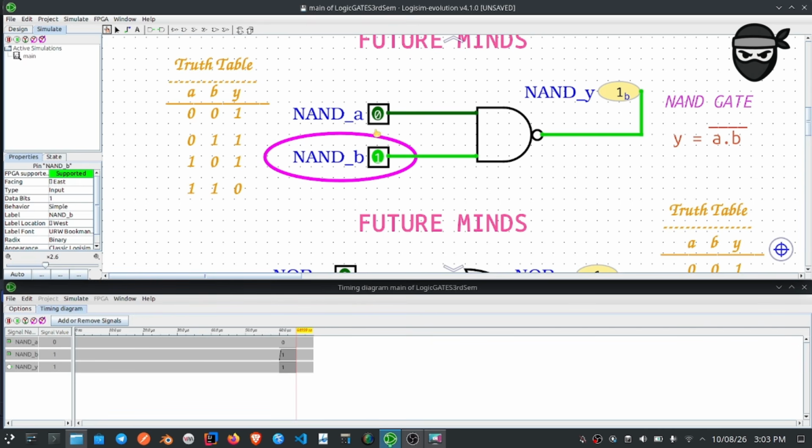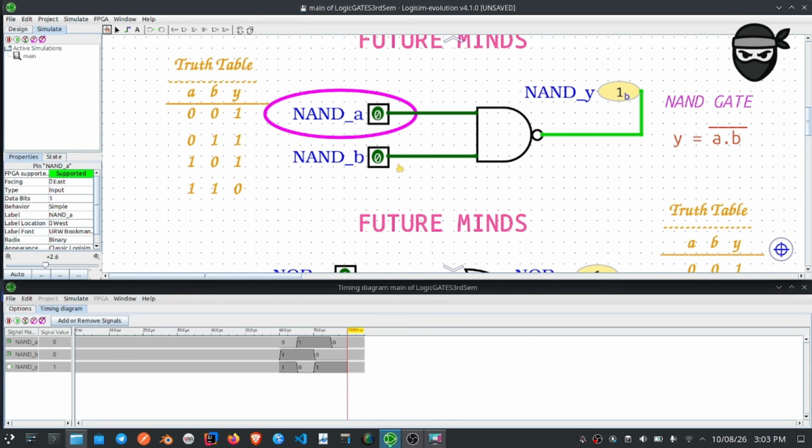Again, taking both as 1, our output becomes 0. When we take pin A as 1 and pin B as 0, it becomes 1 again. When both are 0, it is 1. But when both are 1, it becomes 0 again.